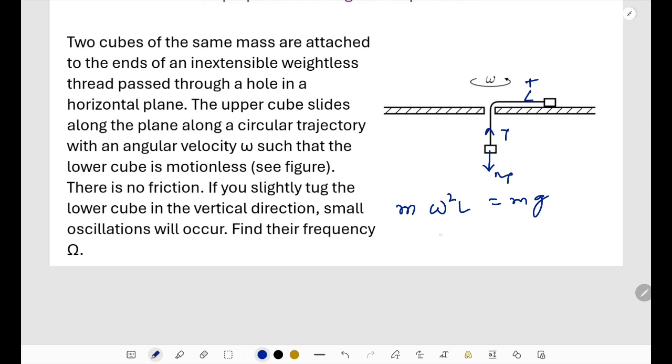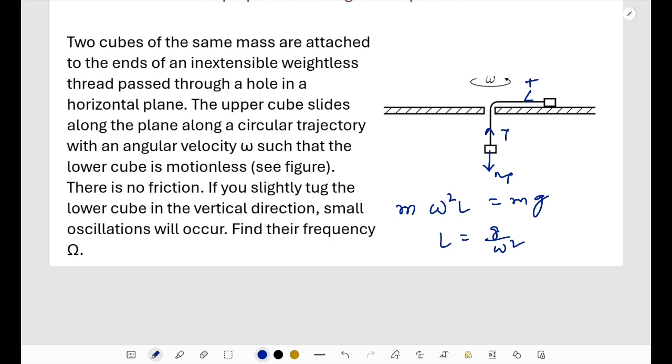So you can get the distance of the upper cube from the hole during equilibrium sliding: L equals g by omega square, and there is no problem till now.